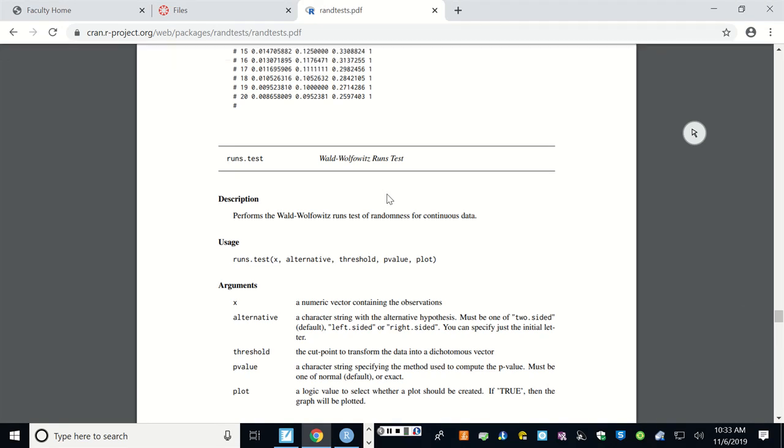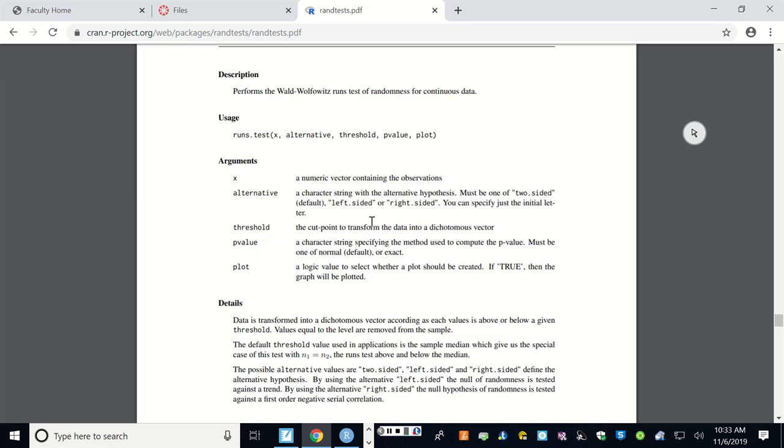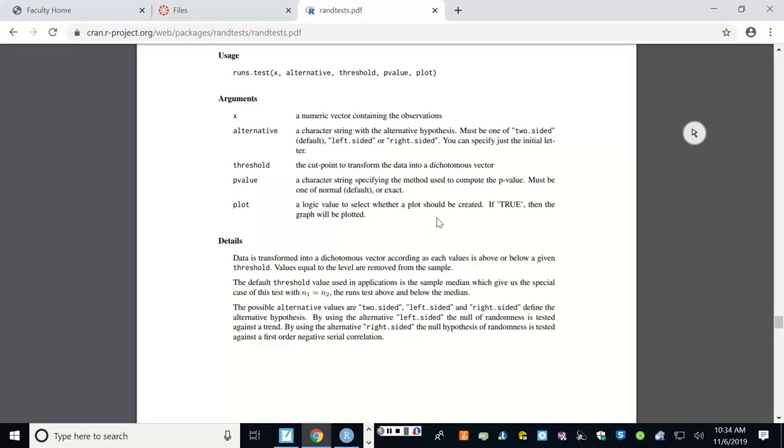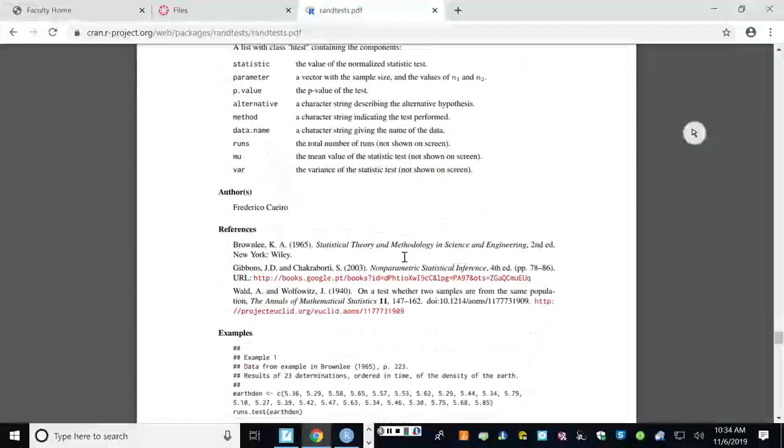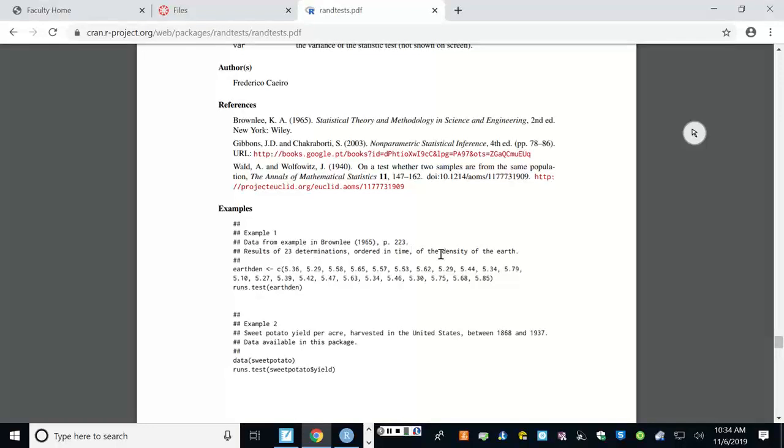Wald and Wolfowitz were two people back in the 1920s, 40s, who had a big influence on the development of mathematical statistics. And so there's something there about this: what results it gives, some references, and an example.